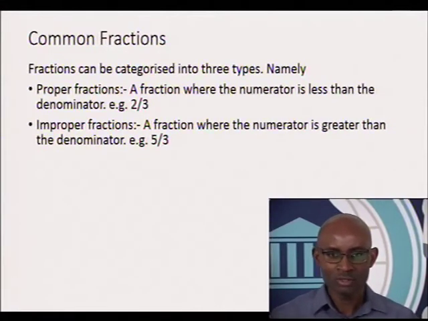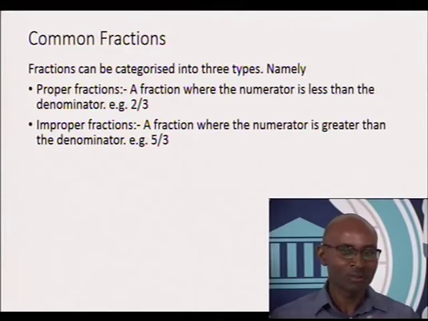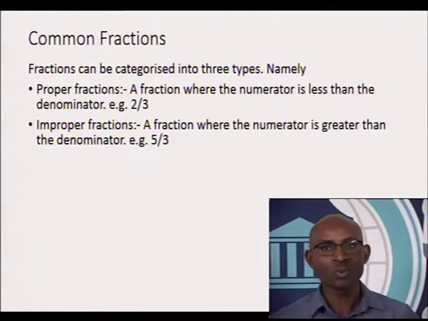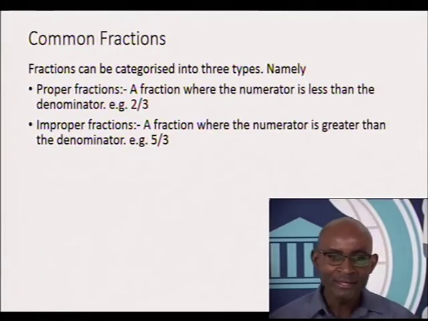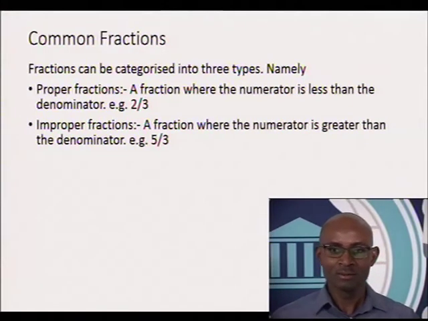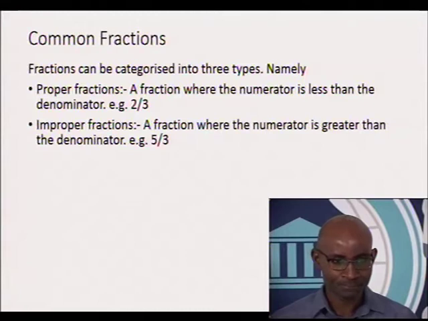You have this huge person, but the head is so small compared to the body. And then you have the improper fractions, where you have a tiny person with a big head. That's an improper fraction because you have this huge head on a tiny body.